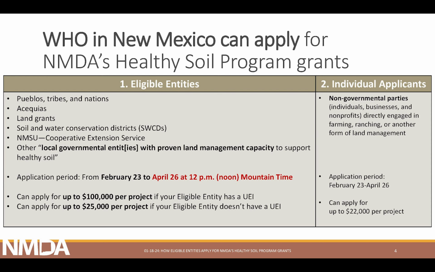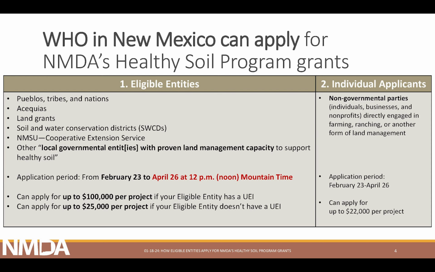You'll see in the center of the screen some bright red text. That illustrates for you the deadline. So you'll see that we don't have an application yet. We will launch that February 23rd, about a month from now, and we'll close that window April 26th at 12 p.m. That's noon, and that's Mountain Time. So you'll want to pay attention to those dates as you go about your natural course of work, working for your eligible entity or helping to lead it.